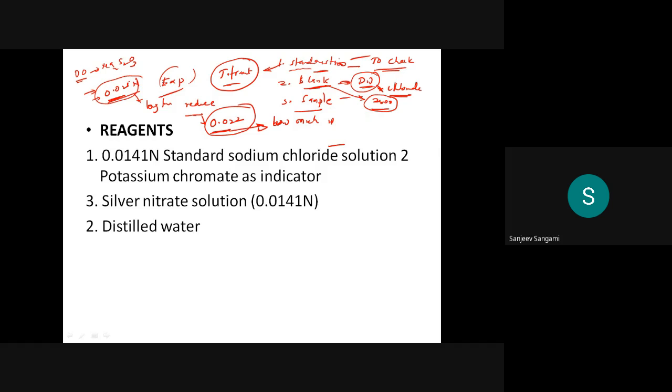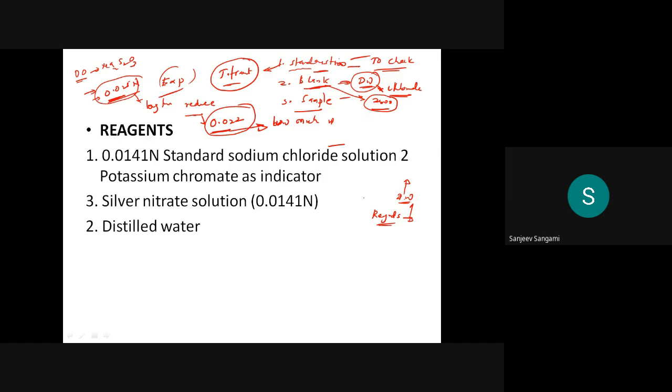Also the reagents which we prepare, we use distilled water to prepare them. We assume the distilled water does not contain any chloride, but actually it does, so you have to deduct it.